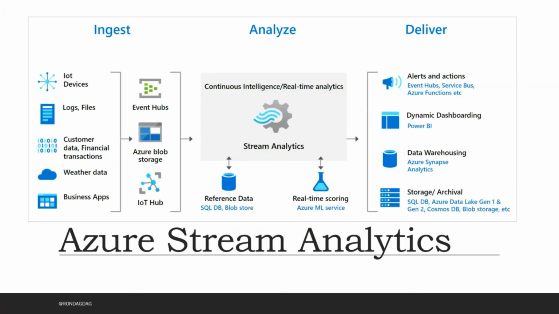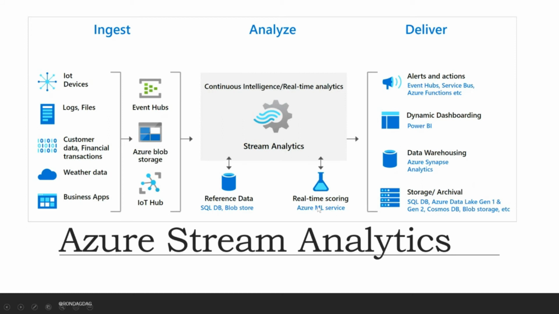For Azure Stream Analytics, it's where you send data up, log files or customer files, send it up to either Azure Blob Storage, IoT Hub, or Event Hub, or you have streaming data, and you can have Stream Analytics ingest or process that data.